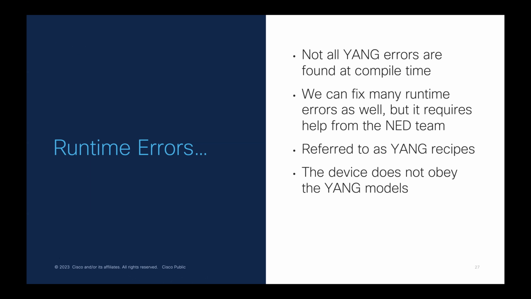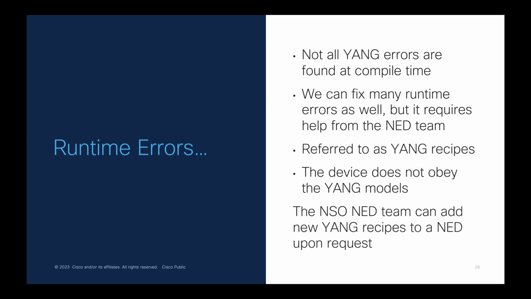A common example of this class of errors is when the YANG doesn't match what the device actually does. For example, we have a too restrictive must statement in the YANG model, which will cause a validation error in NSO when we do a sync-from. And just as for download profiles, we can add new YANG recipes to the NED upon request.